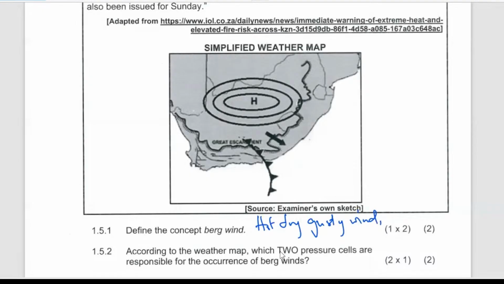Right. And we need to have described it as what kind of nature does it have? It's hot and dry and gusty. Right. How does it develop? Or where does it affect? That affects the coastal areas of Southern Africa.